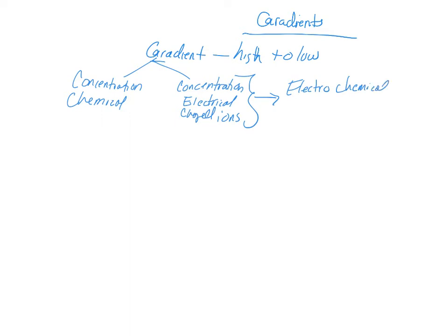Electrochemical are concentration gradients, and remember, charged ions are technically a solute, so they are, well, not really a chemical, but a chemical. So you're basically going from a high ratio of charged, and here's the key word, charged ions, to low. And things are going to follow this concentration gradient as long as a gate is open.